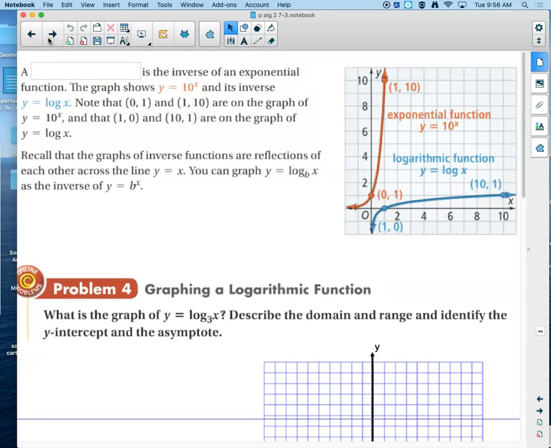Now, we have to remember back, and I know it's been a while since we did 7.1 and 7.2. A few of you did last Friday's assignments, so it's fresher in your head than everybody else's. But when we graphed our exponential growth and exponential decay, we got this red graph right here for something like y equals 10 to the x.